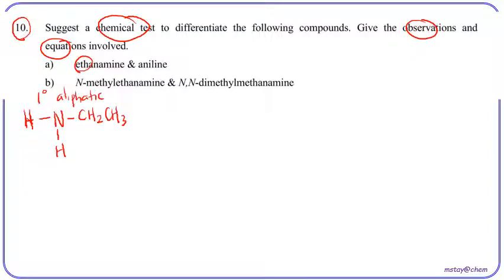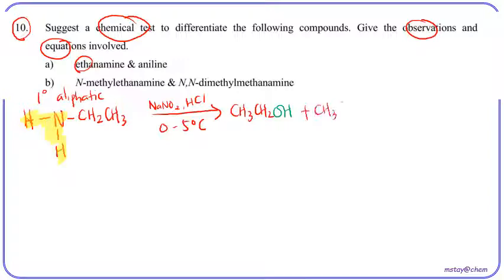If it reacts with nitrous acid, NaNO2 with HCl at 0 to 5 degrees Celsius, like we mentioned previously, the NH2 basically will be replaced by the OH, giving CH3, CH2, OH. Another product is CH3, CH2 replaced with the Cl, and another one where we remove the hydrogen, so it becomes CH2 double bond CH2.